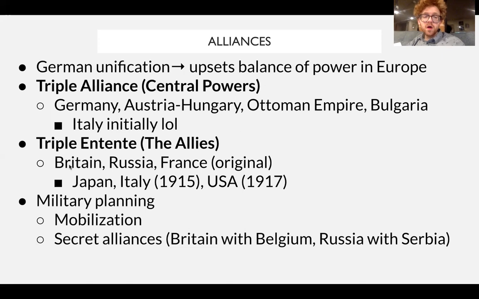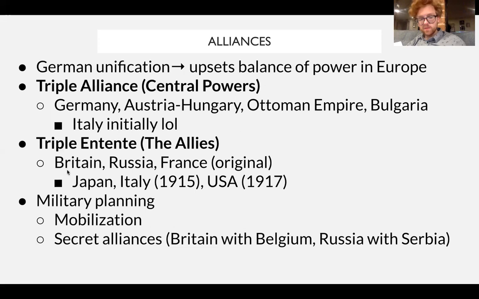And the Triple Entente is going to be joined by other powers, most notably the Japanese, the Italians, and the good old United States of America. But they also have their reasons for wanting to see the demise of Germany, or Austria in Italy's case.